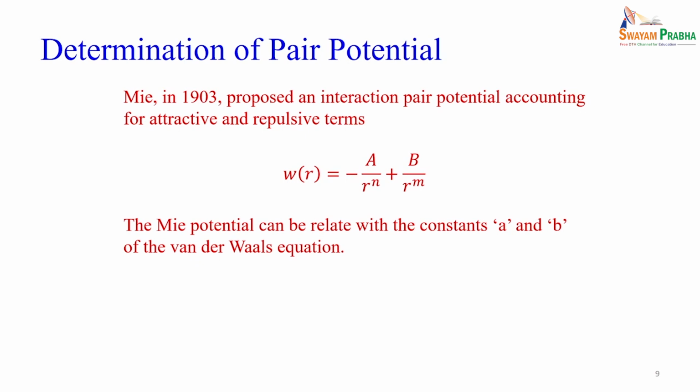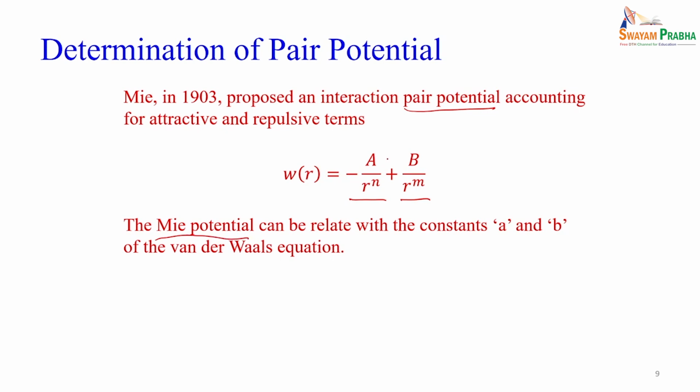As we see, in most of the cases we are going to have both attractive as well as repulsive intermolecular forces. So, Mie in 1903 proposed a very interesting pair potential which accounts for both the attractive as well as the repulsive term. One term is attractive, the other term is repulsive, and this is also known as the Mie potential.